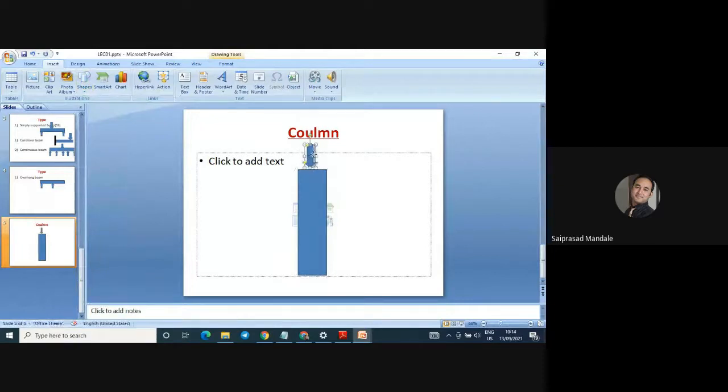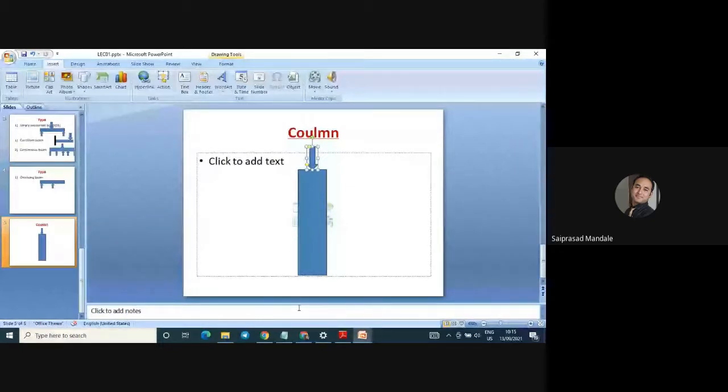It can be axial, it can be eccentric, but the loading is along the length. The point is that vertical structural member is important.